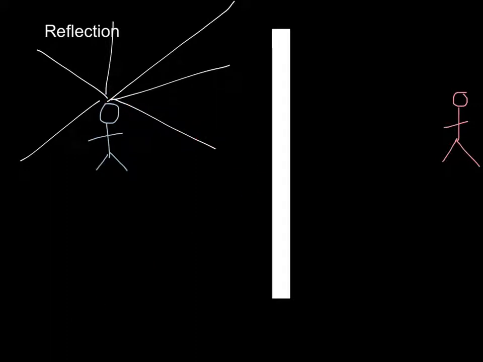Okay, so let's try to see what happens. Well, first I'm going to focus on this ray of light. And I'm going to assume that rays of light behave kind of like balls. So if I bounce a ball off the wall, it's going to bounce off at exactly the same angle. So let's see if this could explain the fact that I'm seeing a guy over here.